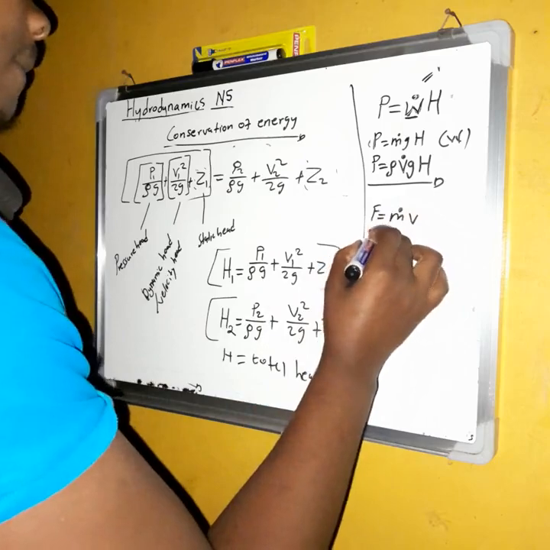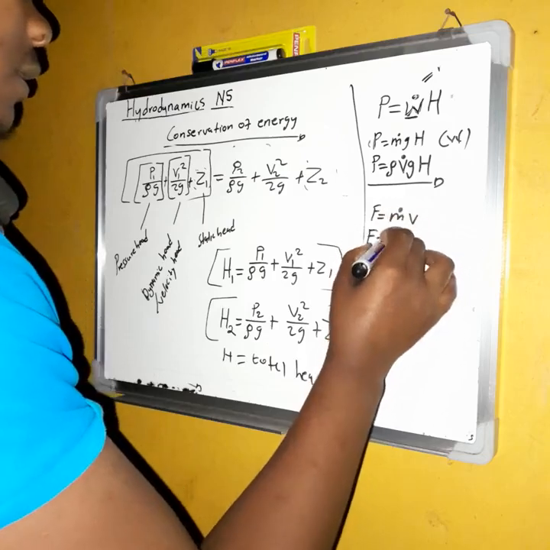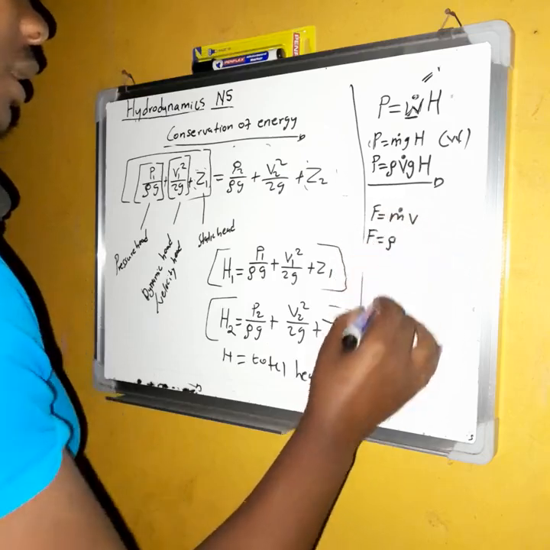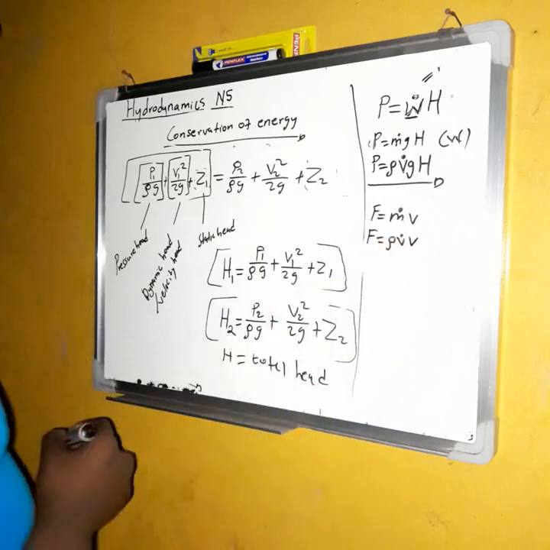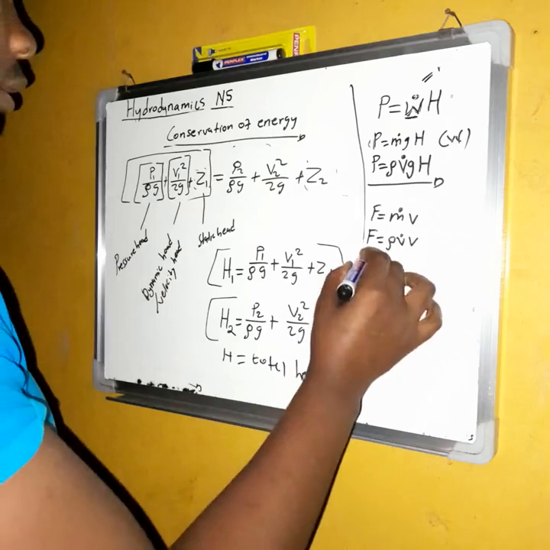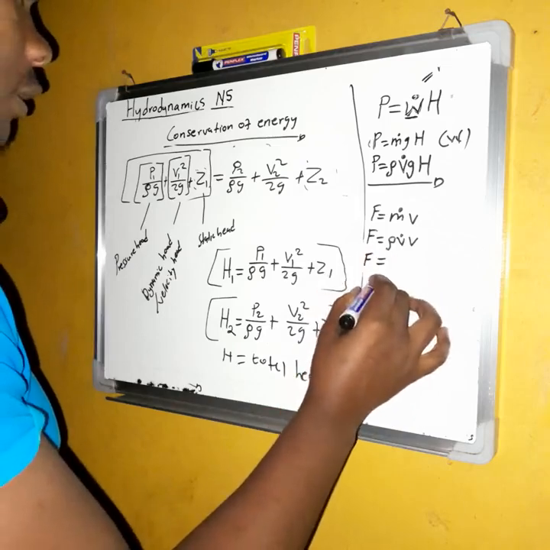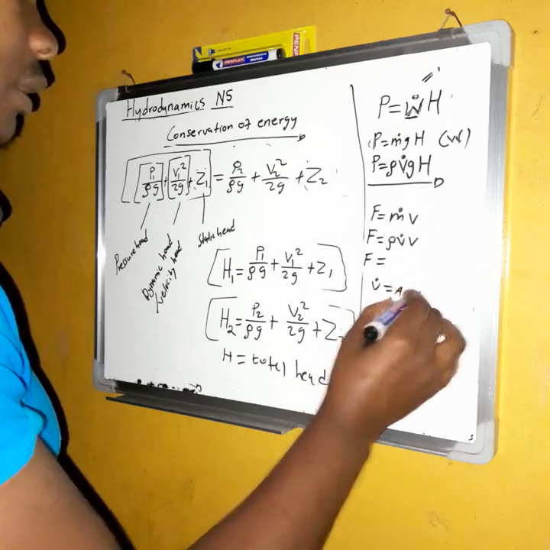This is the same as density multiplied by volumetric flow multiplied by v. Volumetric flow is the same as area multiplied by velocity.